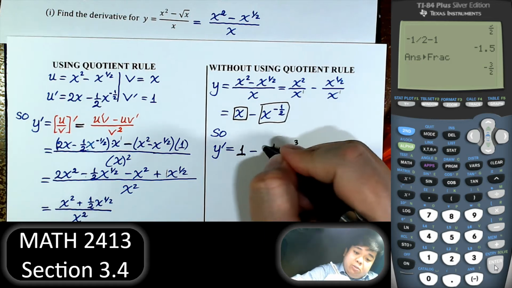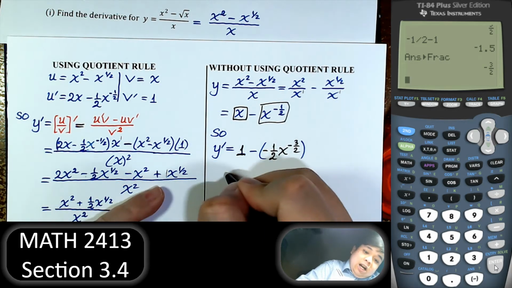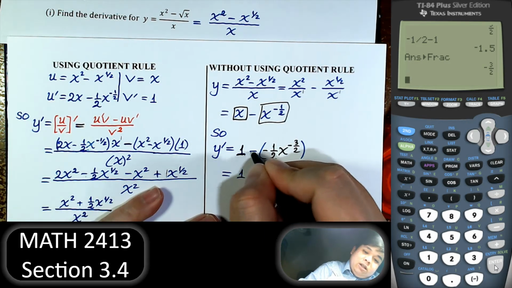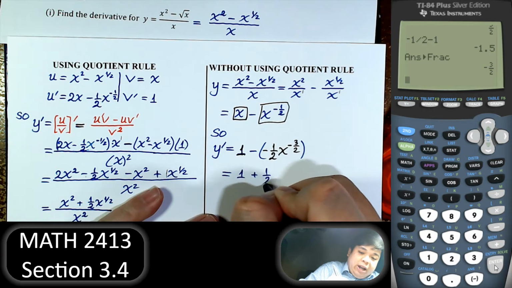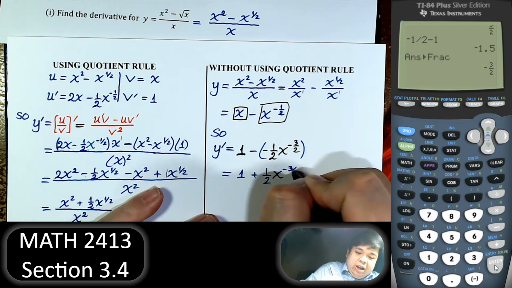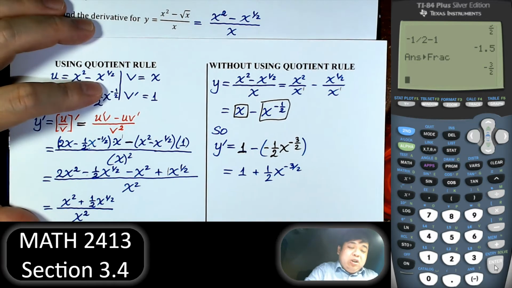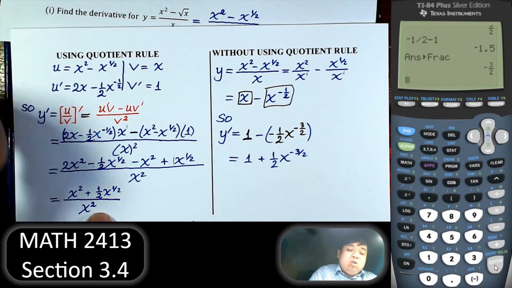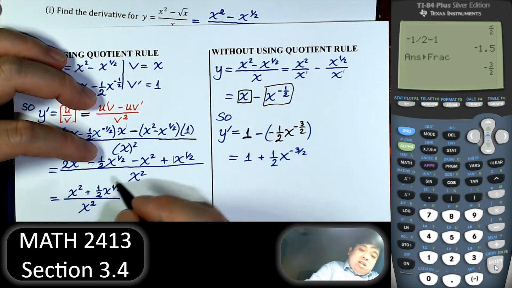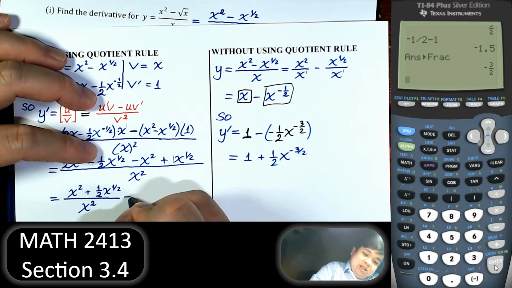Just make sure to put parentheses around that. So this is equal to 1 minus a negative, so that turns to positive 1/2 x to the negative 3/2. And of course, not quite the same yet, but on this one, if we want to make it look the same, we can always split the top like we did here.